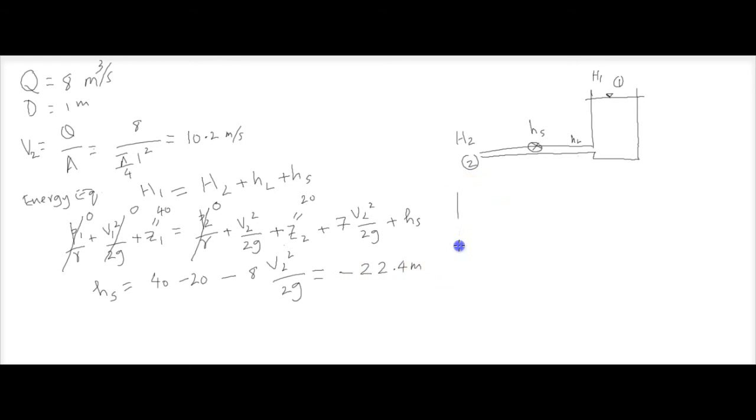So to find out the power that was added by the pump, we know that the shaft power is given by gamma Q HS, and we can plug in those values.